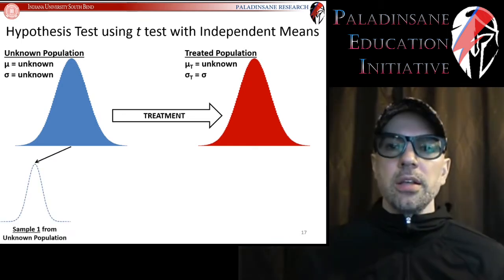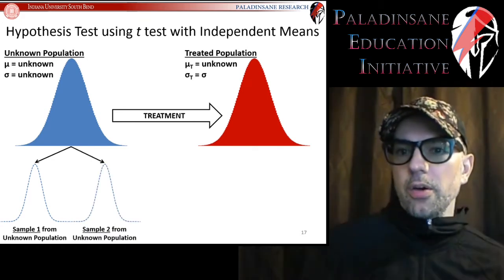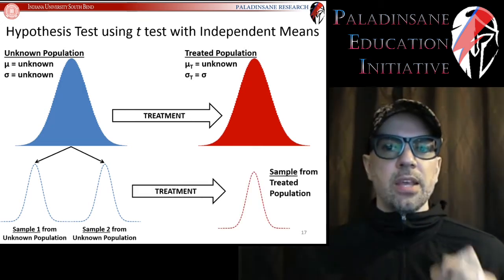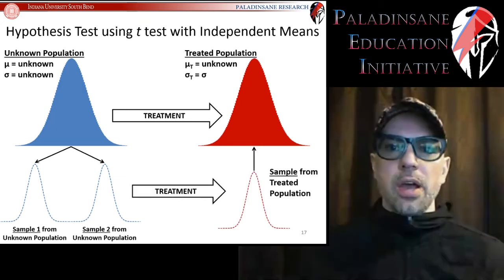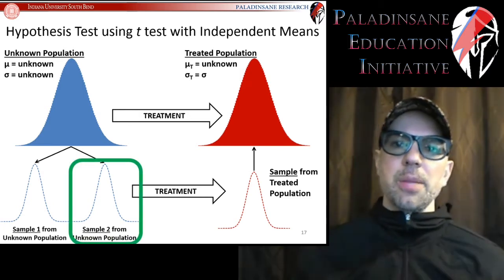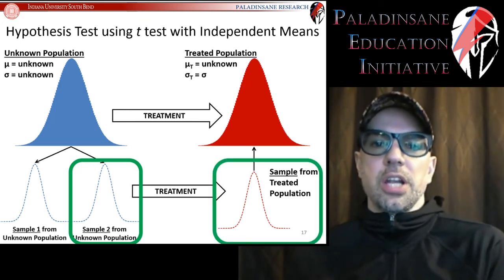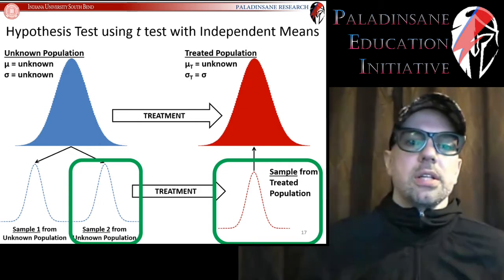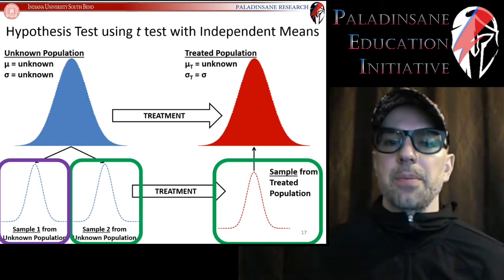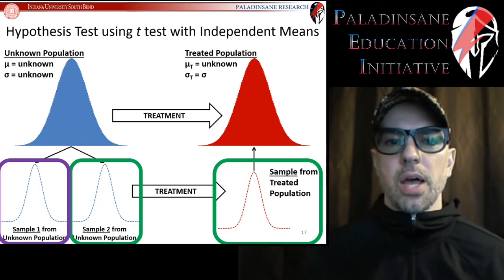We take sample 1 from the unknown population, and then we take sample 2 from the unknown population, and we only treat sample 2. So in this case, we want to know, when we treated that sample 2, did that treatment change that sample so that it now belongs to the treated population, or did it not do anything to that sample, so it still belongs to the same population as sample 1, the original untreated population?